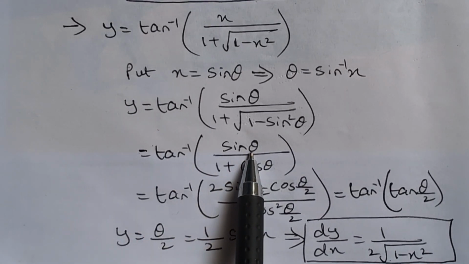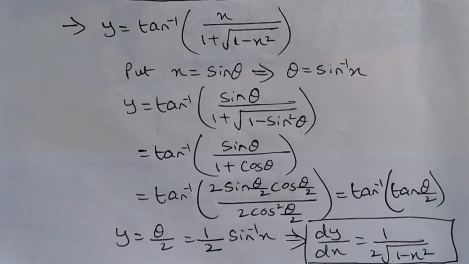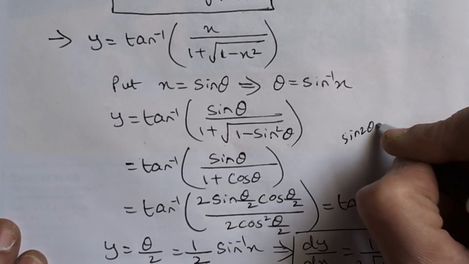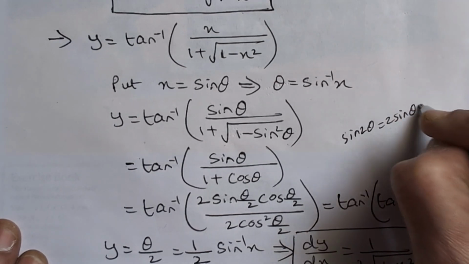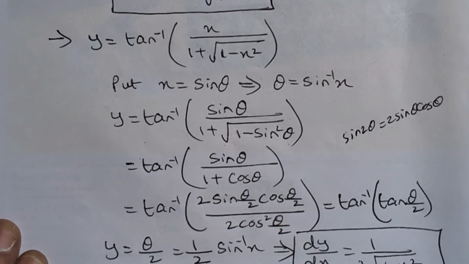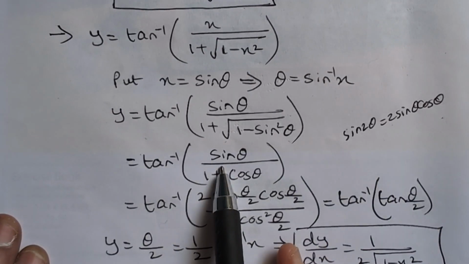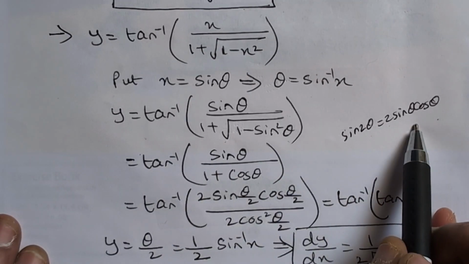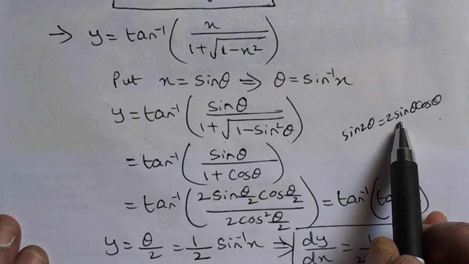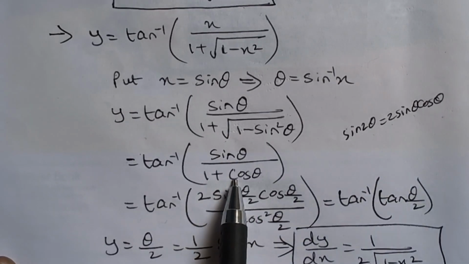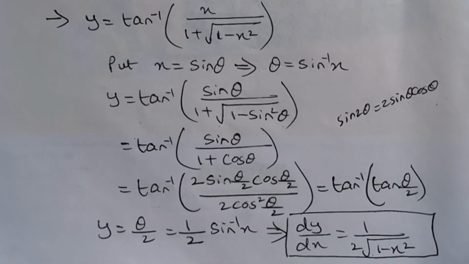Now this is tan inverse. Now sin theta we can write as 2 sin theta by 2 cos theta by 2, because sin 2 theta is equal to 2 sin theta cos theta. Here we have sin theta, so we will use the half angle formula. Sin theta will be 2 sin theta by 2 cos theta by 2, whole upon 1 plus cos theta, which is 2 cos square theta by 2.